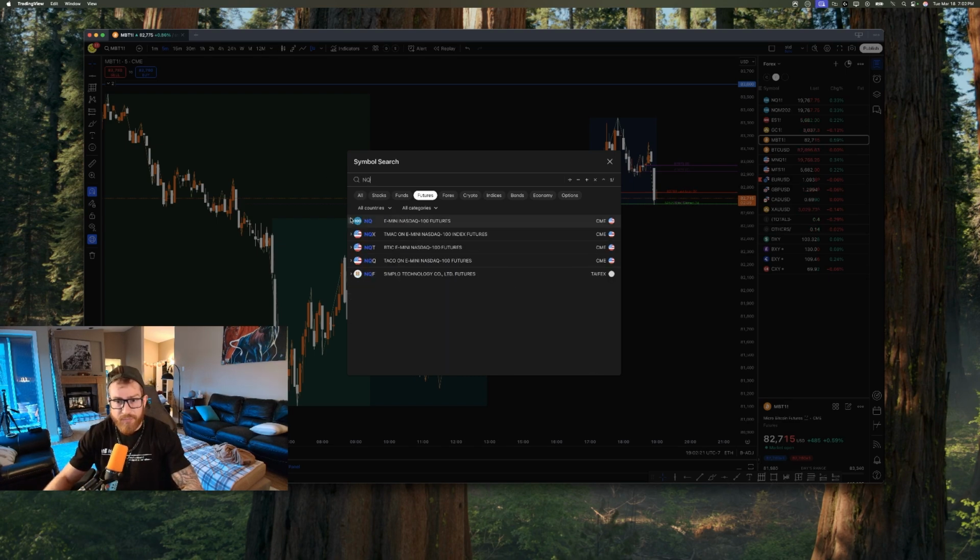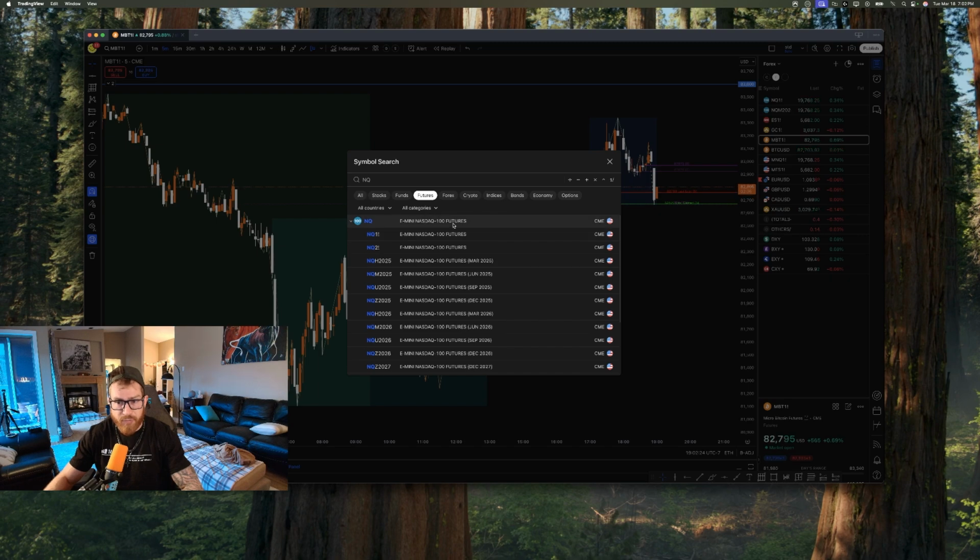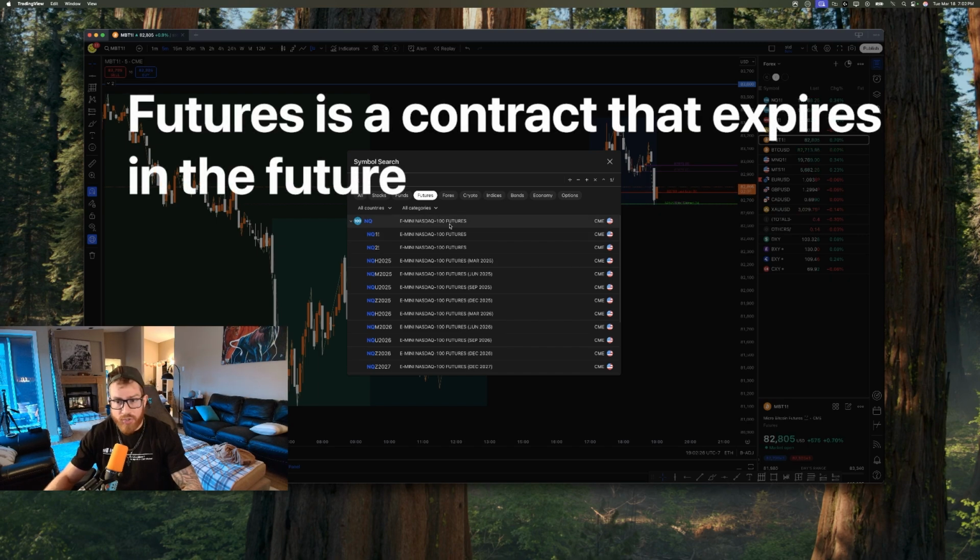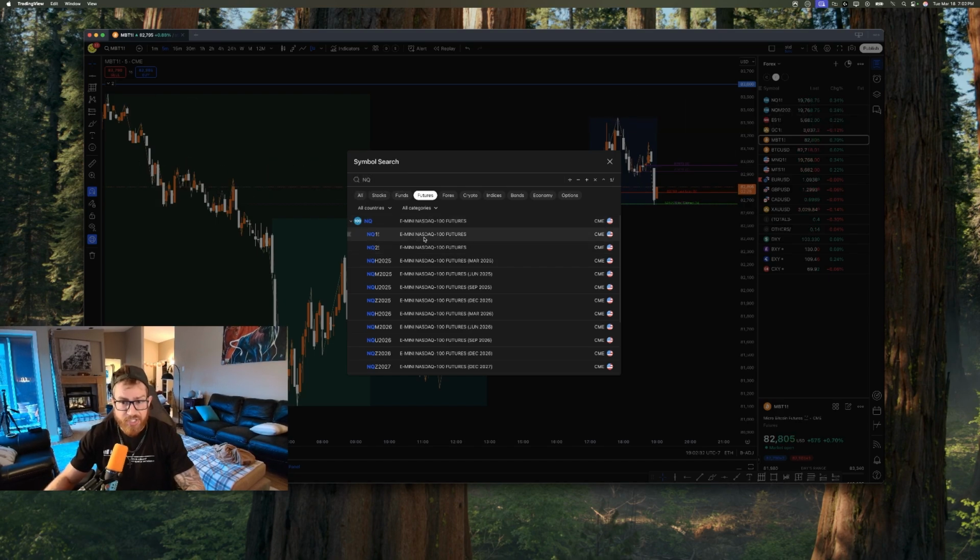If you go to the NQ, this is the futures market. Futures is a contract that expires in the future. Honestly, you don't need to know this, okay? It's a bunch of wasted time. What you just need to know is the ticker and how to use it properly. So these are called tickers, okay? Futures is basically the US market. It's the CME. This is the exchange that's being used, the CME, okay?